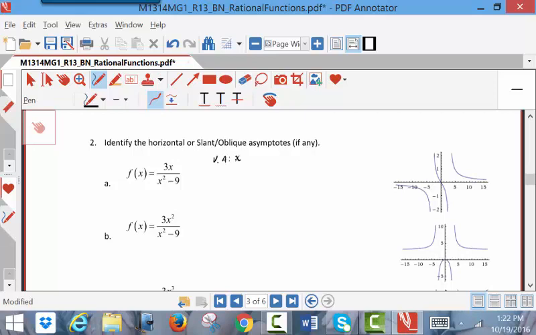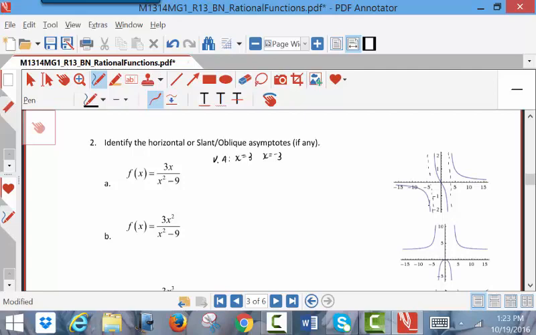So I have vertical asymptotes at 3 and negative 3. You can see them right here. There's one there, and there's one here. There's your vertical asymptotes at 3 and negative 3.